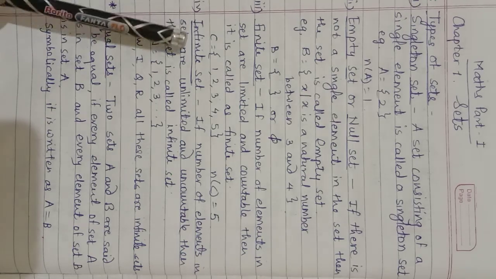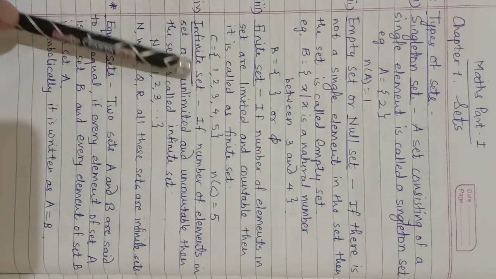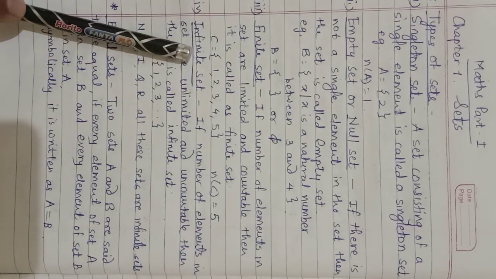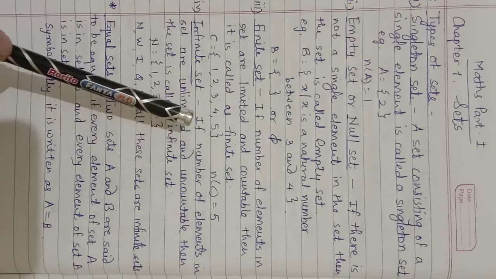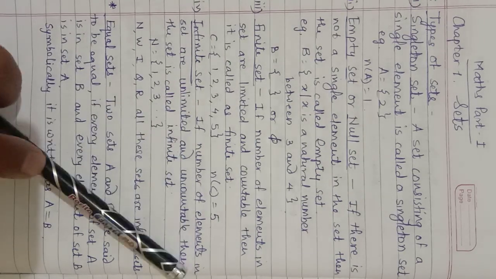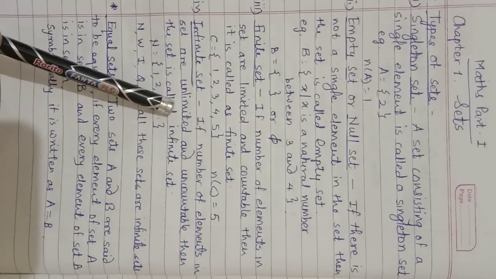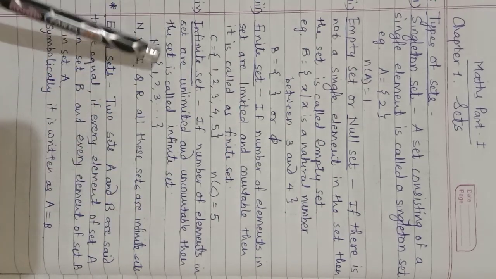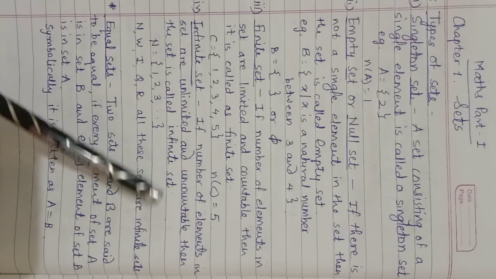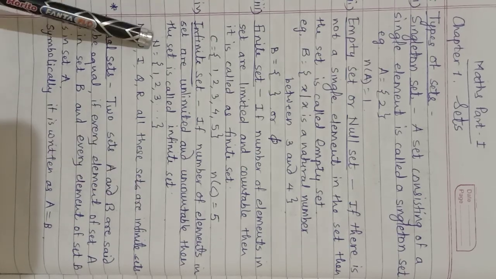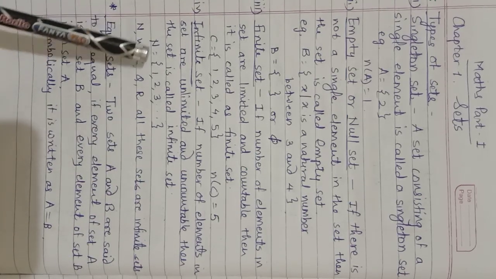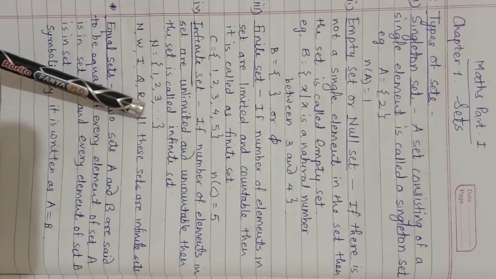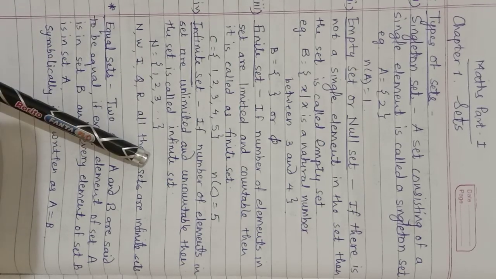The next type of set is the infinite set. Infinite means not countable. So we define this as: if the number of elements in a set is unlimited and uncountable, then the set is called an infinite set. For example, N equals {1, 2, 3, and so on}.